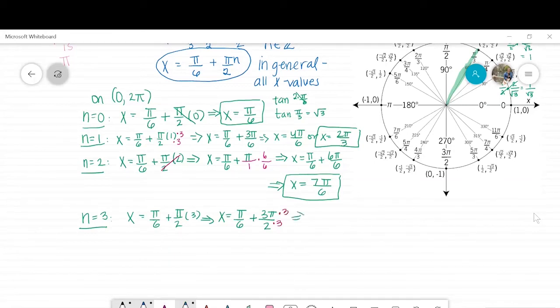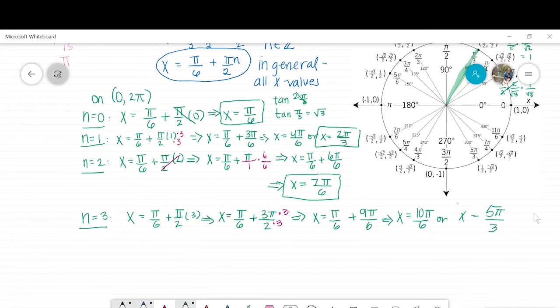So this is x is equal to pi over 6 plus 9 pi over 6, which gives us x is equal to 10 pi over 6. That's a really weird pi. Gives us 10 pi over 6, or if you reduce it, which you always should, 5 pi over 3. Okay, and again, you can see we're still within one full rotation.